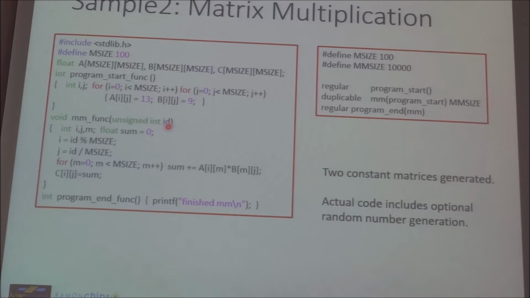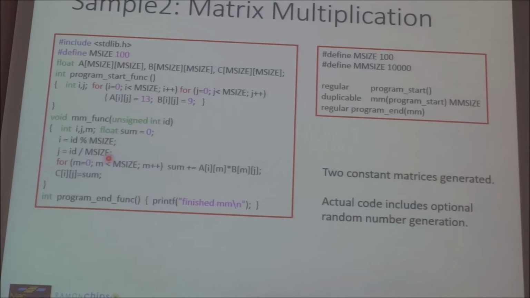We get an ID number, and then we decide what the I and J are out of the ID number. ID will be anywhere from 0 to 9,999. And I is the ID modulo m size. And J is ID divided by m size.